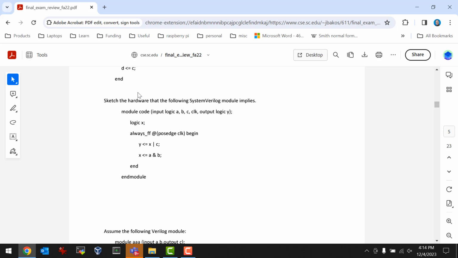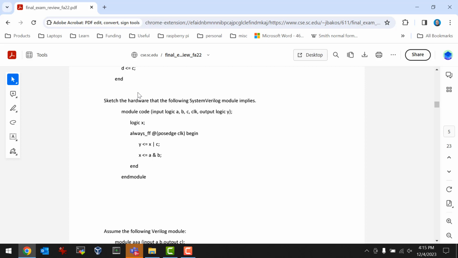Then Y is going to get X or C. So C, and then X is going to come around like that. And then X is going to get A and B, like that.